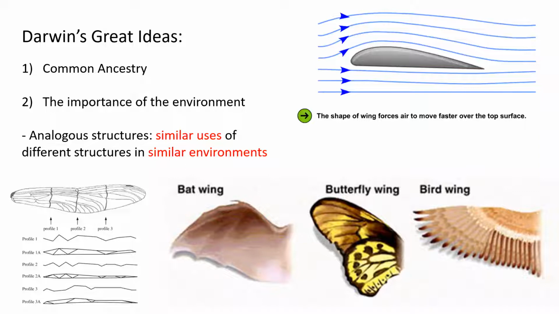What we end up creating then across the entire length of the wing is an airfoil, thicker at the front than at the back, because the veins at the front of the wing are out of plane with one another, creating a bump in the front of the wing. Again, a correlation with the environment. Here we have different structures converging on a similar function that's used in similar environments.